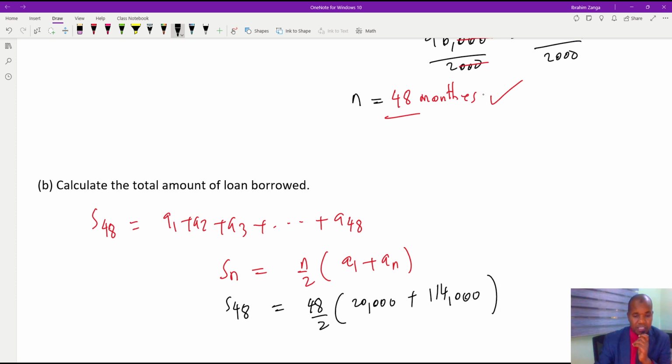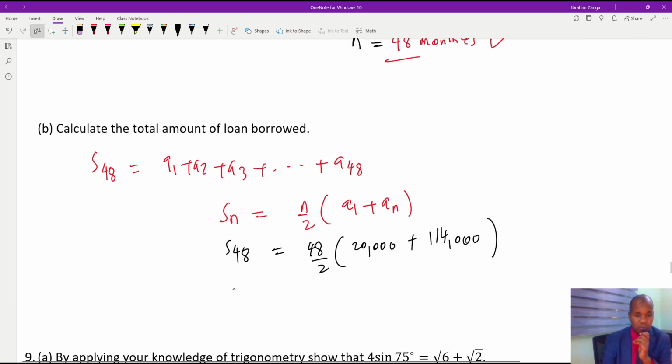Dear students, when you combine all the details, S48, we have 24 multiplied by 134,000. You combine those numbers, we multiply 24 by 134,000.